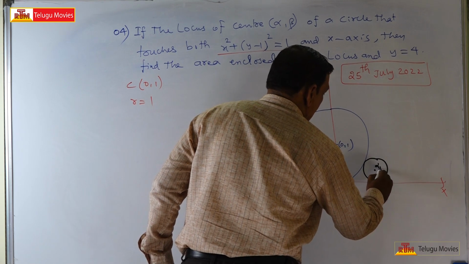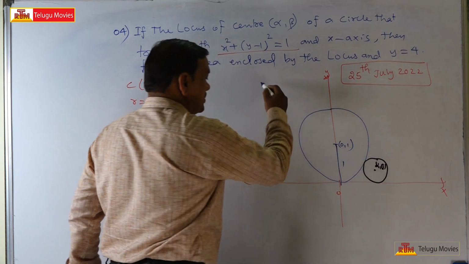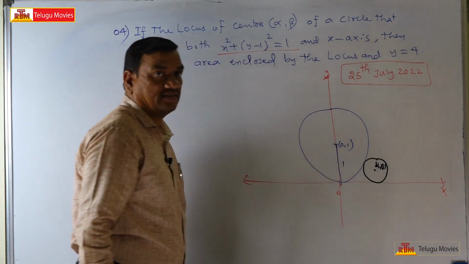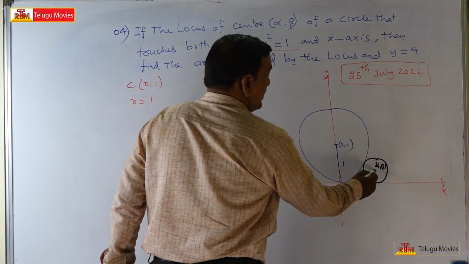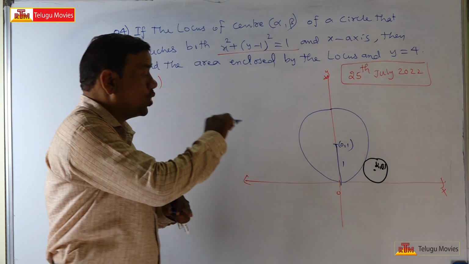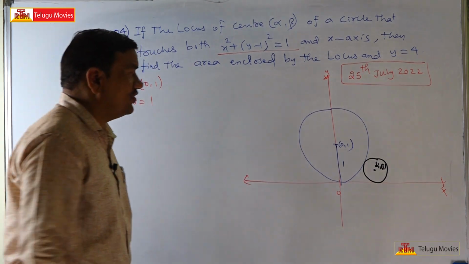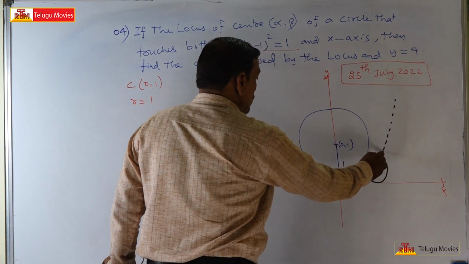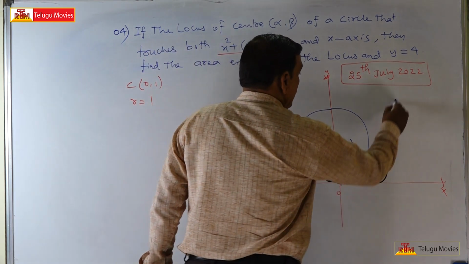That means first of all we have to find the locus of the center of that black circle.